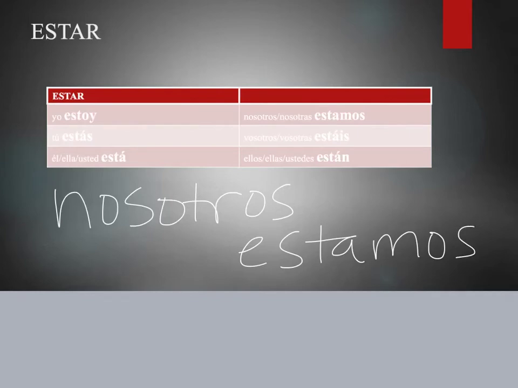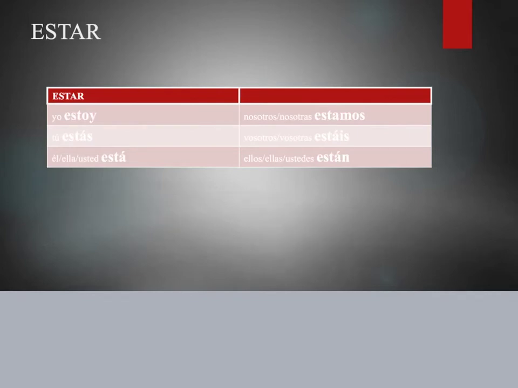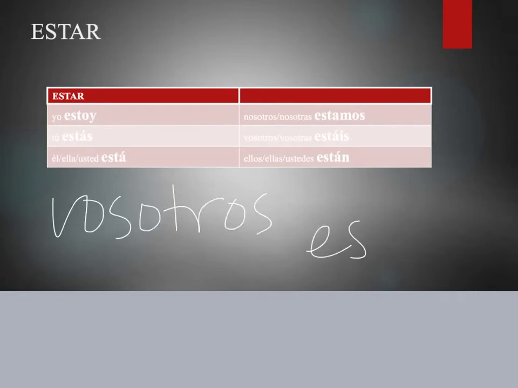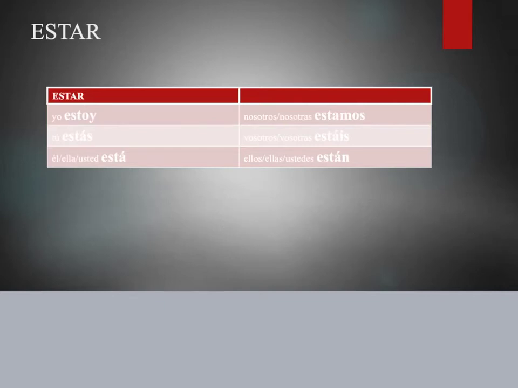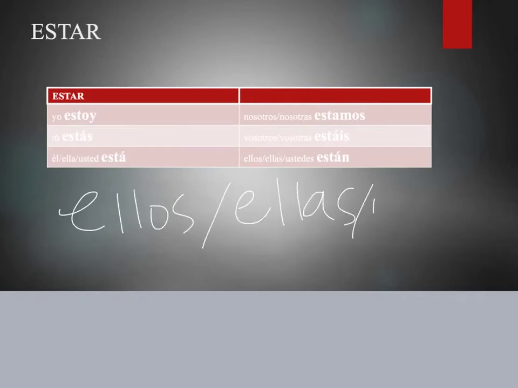Estamos. Vosotros estáis. Si estás en España, estáis. Y finalmente tenemos ellos, ellas, ustedes están.